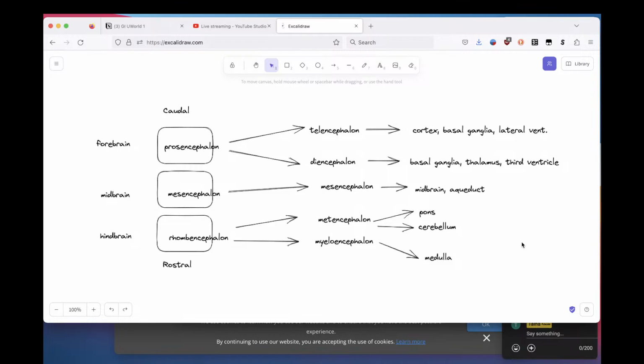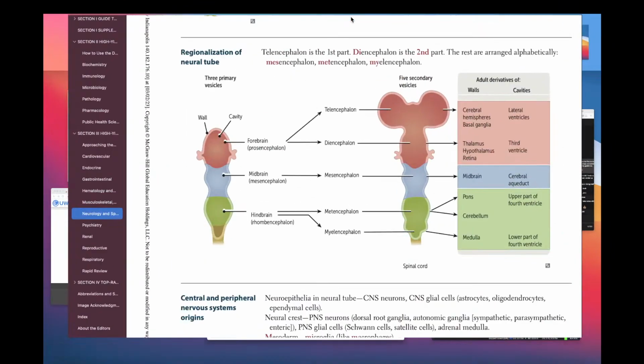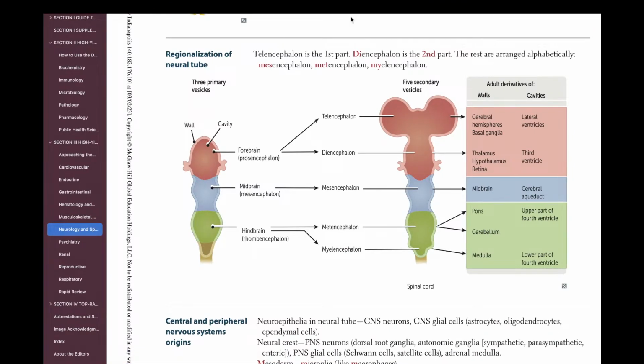Is that good? Okay, telencephalon is first, and then it follows alphabetically: diencephalon, mesencephalon, metencephalon, myelencephalon. Okay, let's just be sure. Midbrain, cerebral aqueduct, metencephalon, and myelencephalon. Okay.